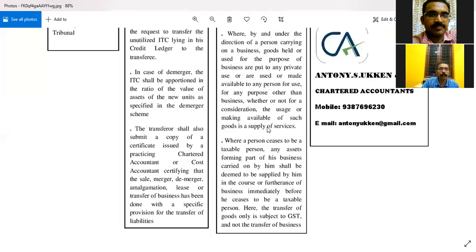It will be deemed to be supplied by him in the course or furtherance of business immediately before that person ceases to be a taxable person. So here the transfer of goods only will be subject to GST and the transfer of business will not be subject to GST.